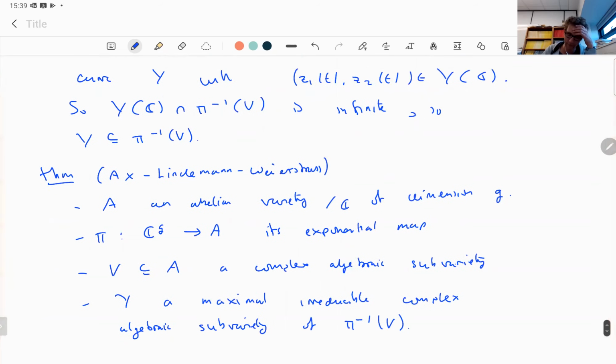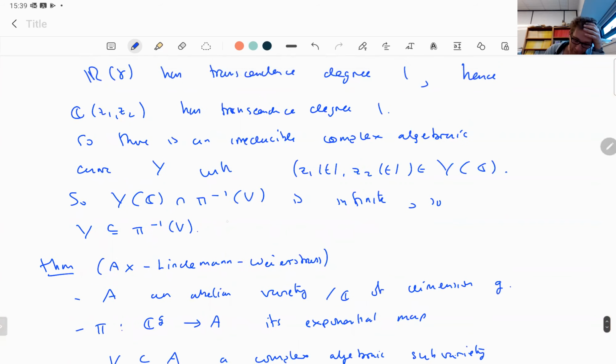So maximal here means if you have another irreducible complex algebraic subvariety of pi inverse of V which contains Y, then it is Y. Now the Y we have here is maximal, just because this is one-dimensional and this is one-dimensional.